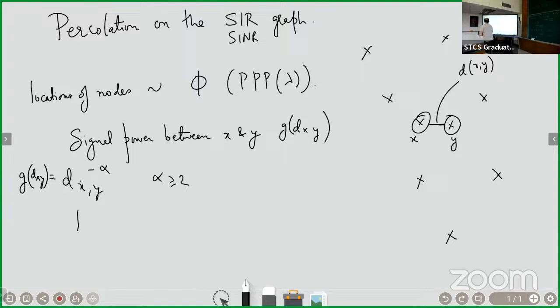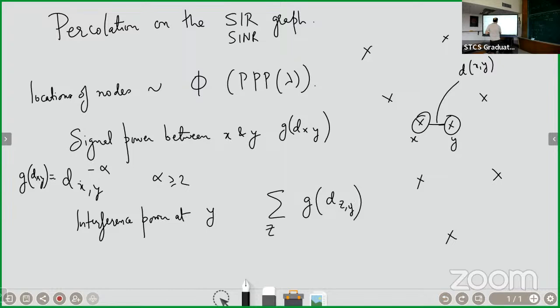Interference power at y is the summation of g of d(z, y), for z in the point process other than x.